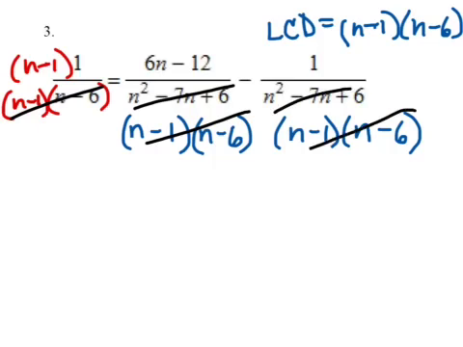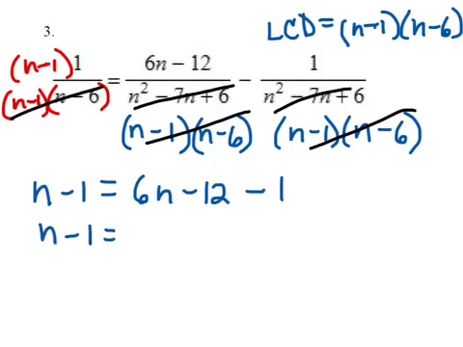Now we are left with an n minus 1 on the left side, a 6n minus 12 minus 1 on the right side. Now let's combine like terms and solve. So I have an n minus 1 equals 6n minus 13.